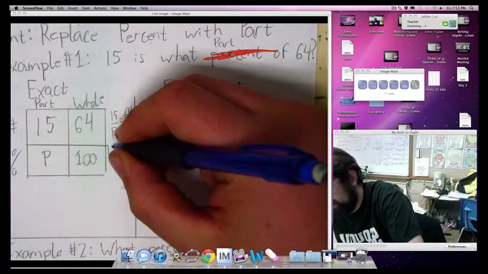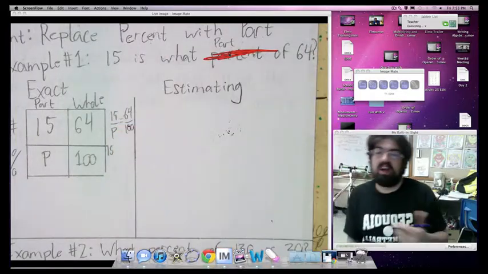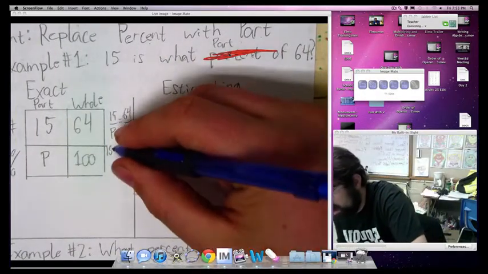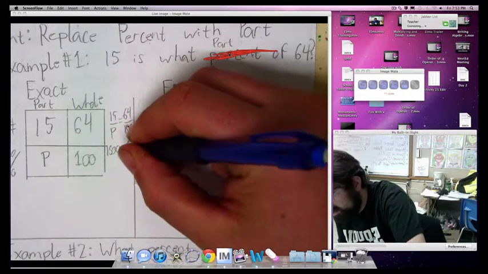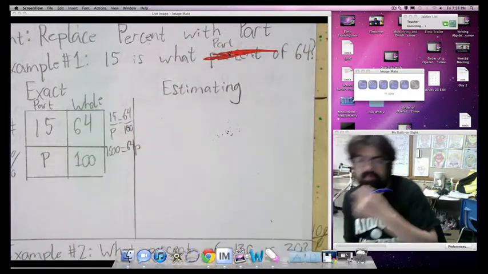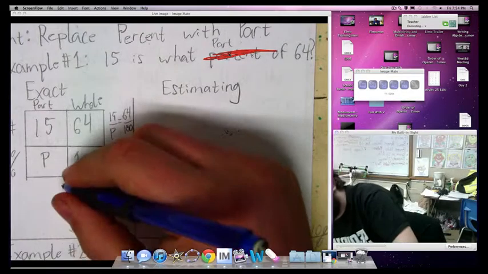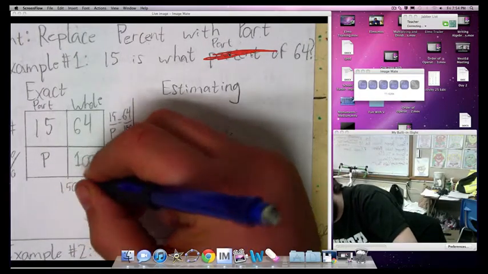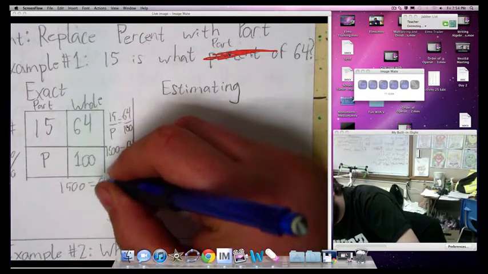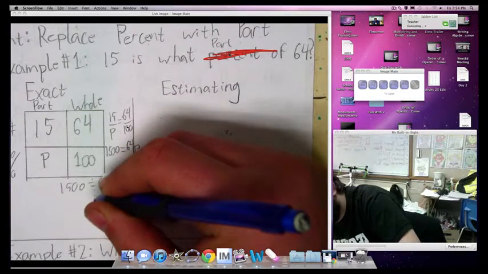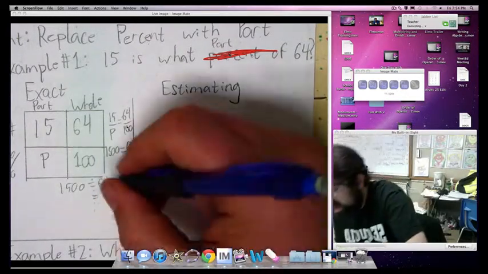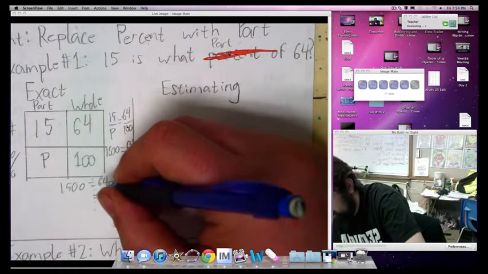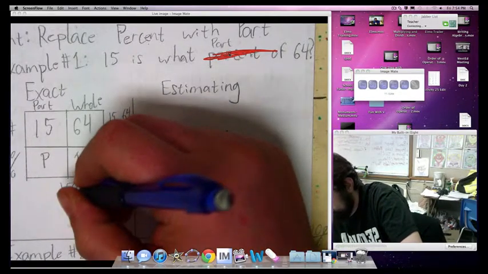I've got 15 times 100, I just add 2 zeros, I'm moving the decimal twice, is equal to 64p. I'll move this down here so we can get a little more space. Well, 64 times p, the inverse of multiplying is dividing.